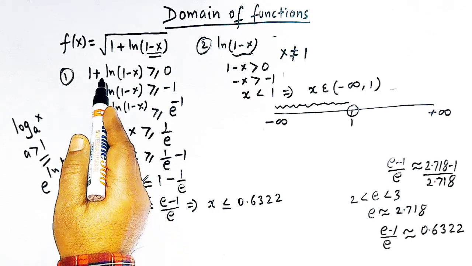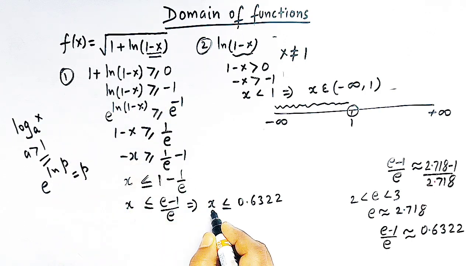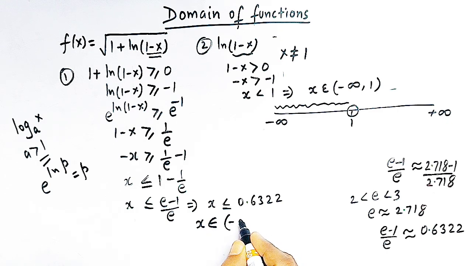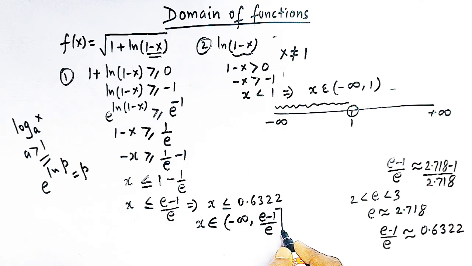So now the solution of this inequality is given by this interval, that is x belongs to the interval that is minus infinity to e minus 1 over e, and here we have closed, right? This is the closed interval, and it is open from the left and closed from the right, and e minus 1 over e is approximately equal to 0.6322.